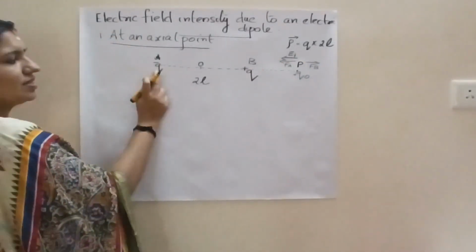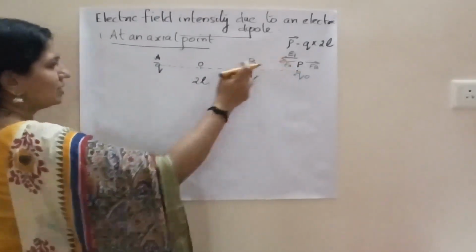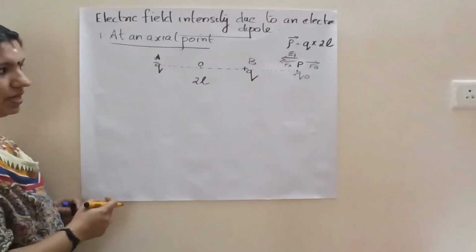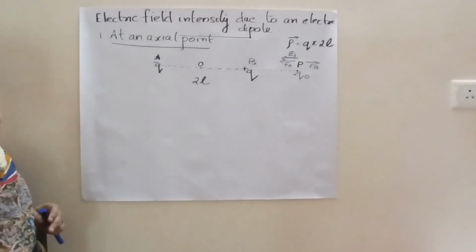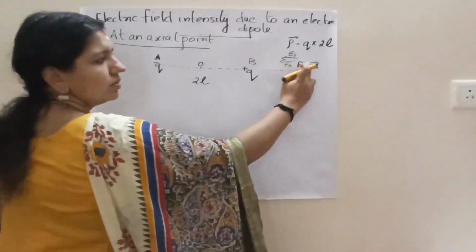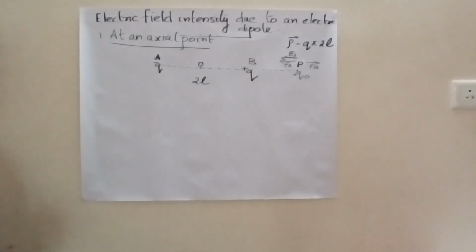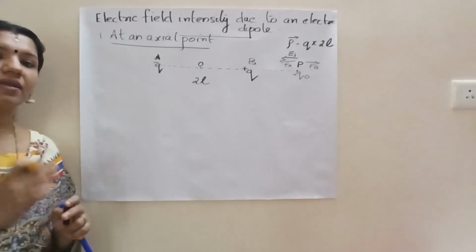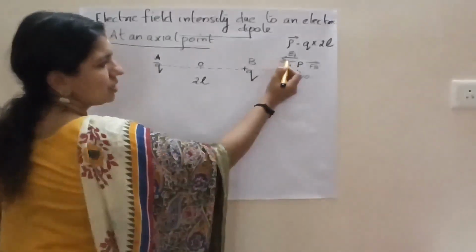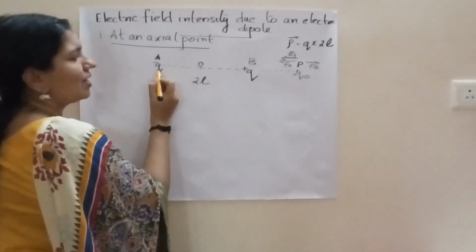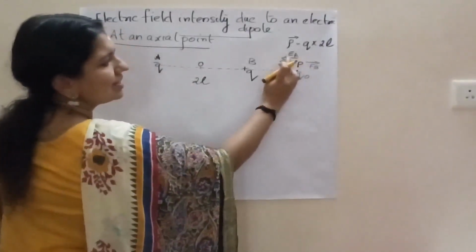So, the force experienced by minus Q because of this plus q naught will be in this direction because it is an attractive force, and the force experienced by this plus Q because of this plus q naught is the repulsive force, which is in this direction, denoted by FB. Now, what we are going to find is the direction of electric field. In the last class, we said that the direction of force and electric field is always the same. So, if FA is the direction of force experienced by the charge placed at A, EA, the direction of electric field, is also in the same direction.